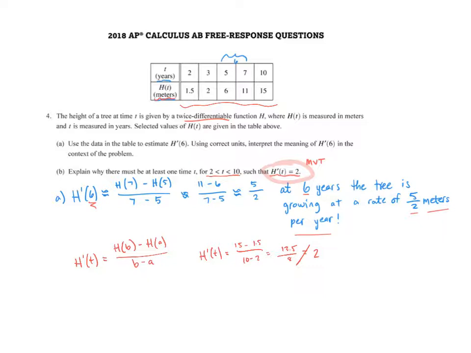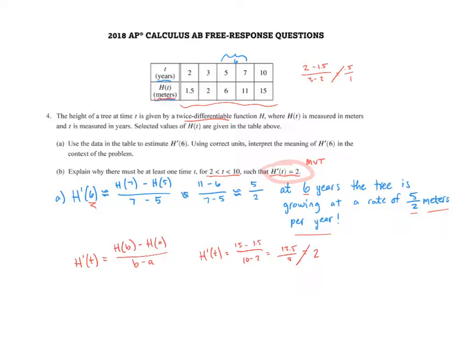Let's check out from 2 to 3. From 2 to 3, the average rate of change would be h of 3 minus h of 2 over 3 minus 2, which would be, what's that going to be? A 0.5 over 1, which again is not going to help me.